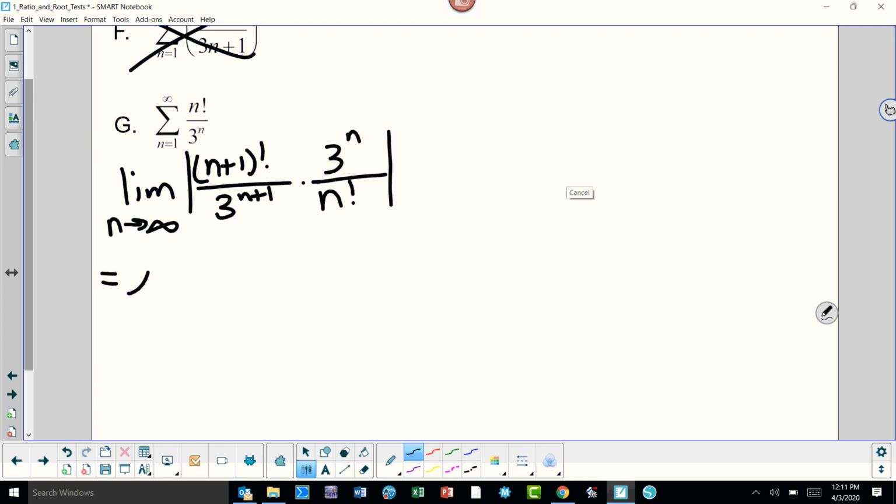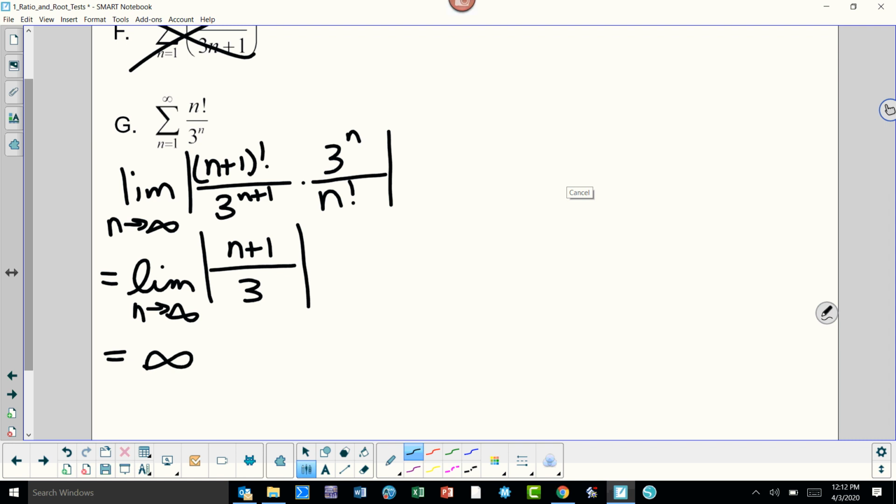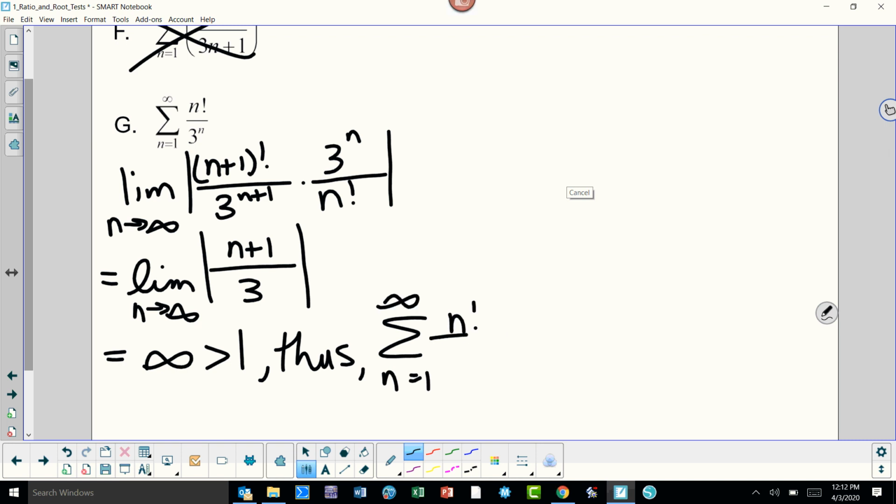So this is going to simplify to n plus 1 over 3, absolute value. This limit is definitely not less than 1. It's infinity, which is greater than 1. Thus, my series diverges by the ratio test.